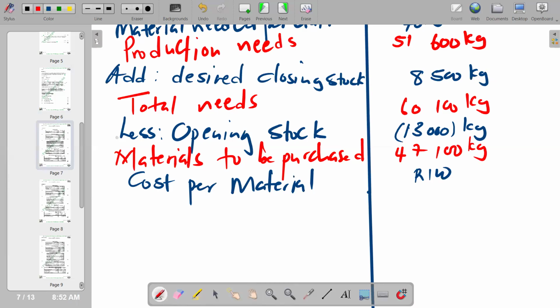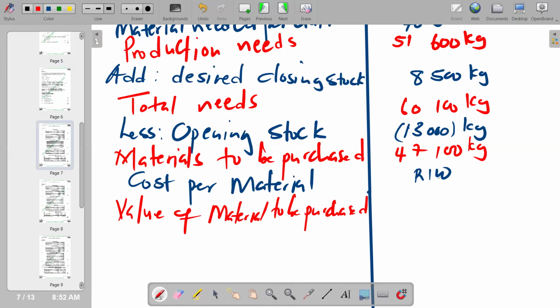So 47,100 kgs times 100, and you get 4,710,000.